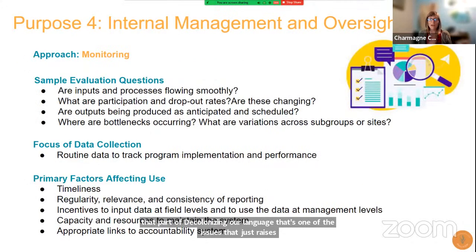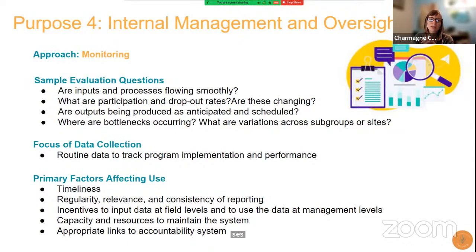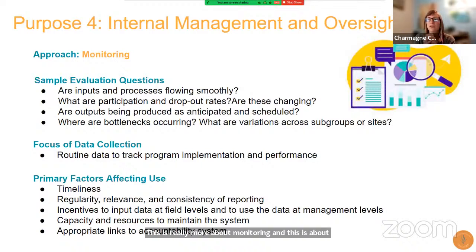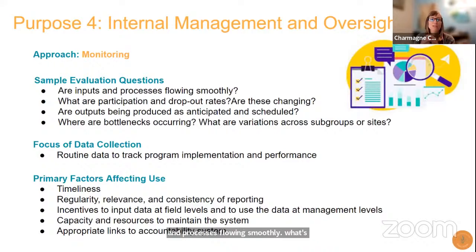So switching from external accountability to internal management and oversight, this is really more about monitoring. And this is about gathering data to do ongoing monitoring of just what's happening: are our inputs and processes flowing smoothly, what's happening with participation rates, where are there bottlenecks occurring.